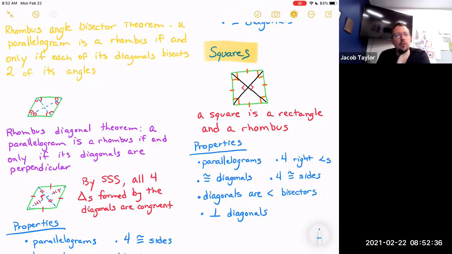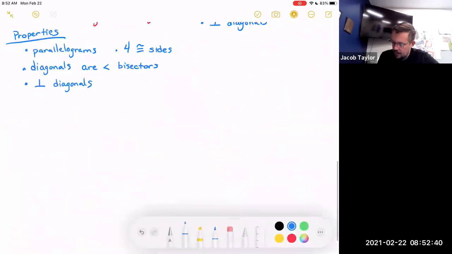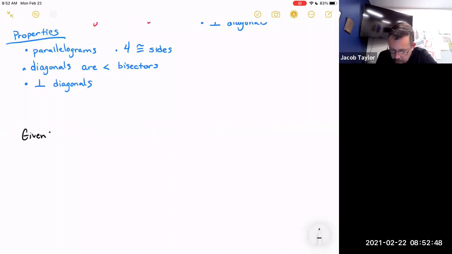Okay, now I did promise you a proof, so let's do that. I would hate for you to think that I'm not a man of my word. We're going to prove the rectangle angle theorem. I'm going to give you a parallelogram called QTRS.